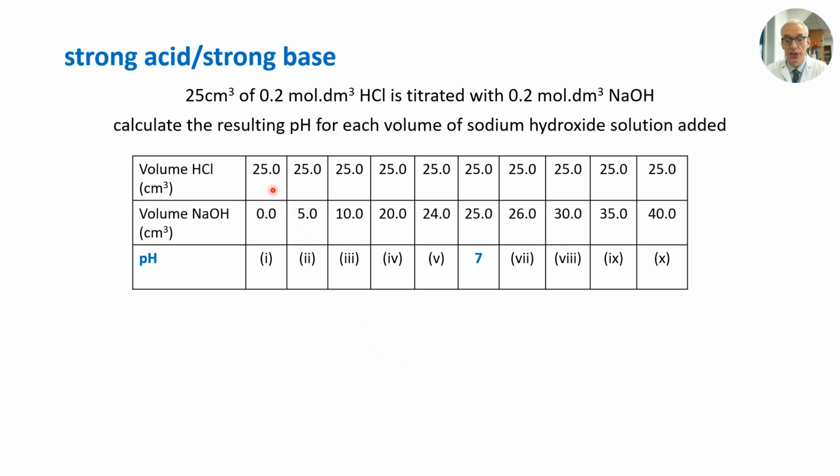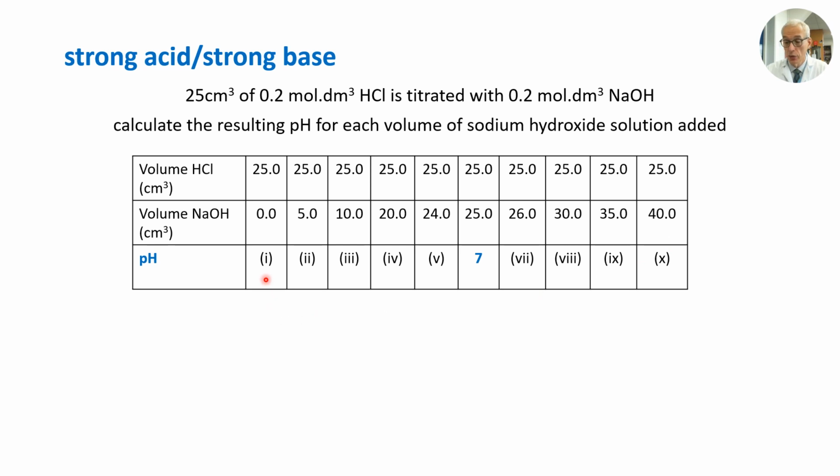Now, here's the initial volume of hydrochloric acid, 25 in each case, and in a titration from the burette, you add various volumes of sodium hydroxide. So 0 centimeters cubed, 5, 10, 20, 24, 25, 26, 30, 35, and 40.